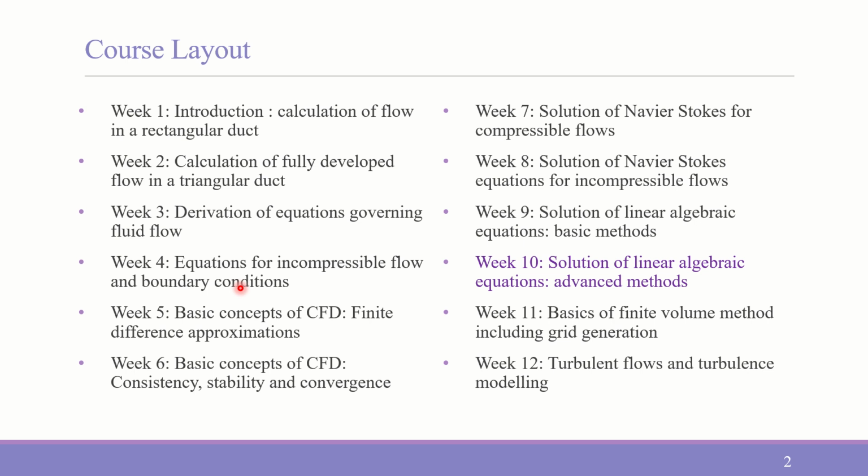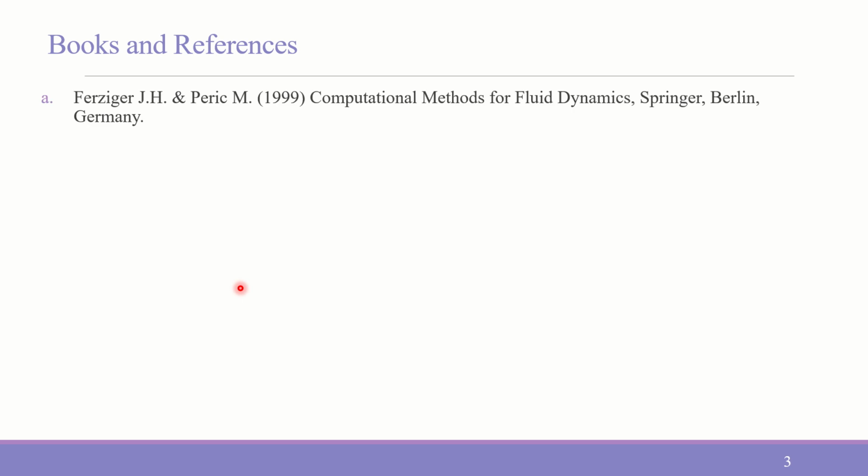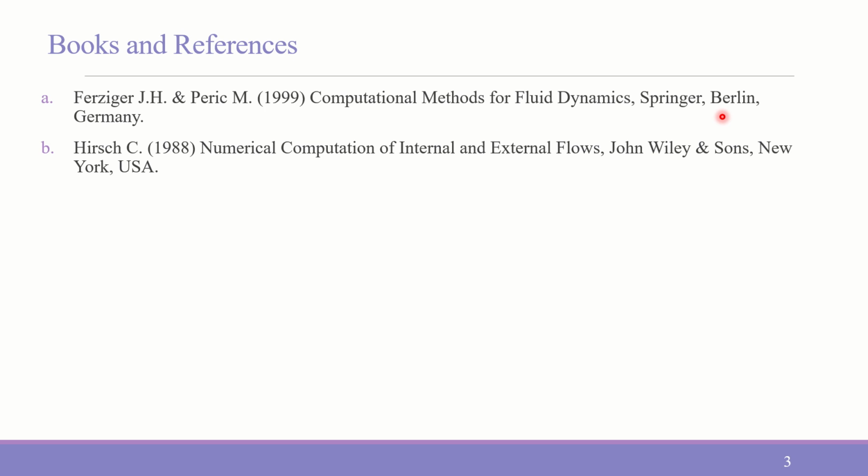And for books and references, we have 5 books and references. The first one is Ferziger, J.H. and Peric, M. 1999. Computational Methods for Fluid Dynamics, Springer, Berlin, Germany. And the second one is Hirsch, C. 1988. Numerical Computation of Internal and External Flows, John Wiley and Sons, New York, USA.